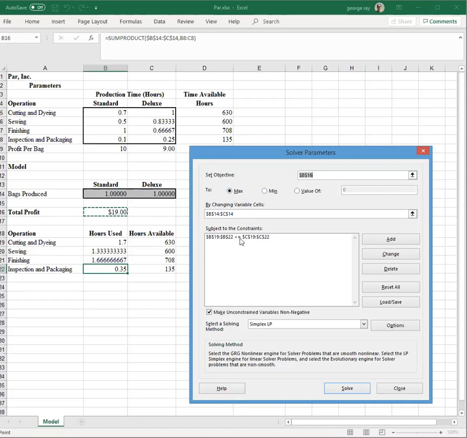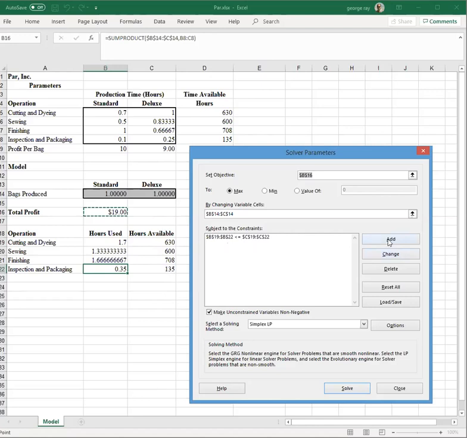We're going to do that subject to certain constraints. And our constraints are the hours used in total for cutting and dyeing must be less than 630. The hours we use in sewing, less than 600, and so on. So the hours used are in cells B19 through B22. They must be less than the limits, which are in cells C19 through C22.